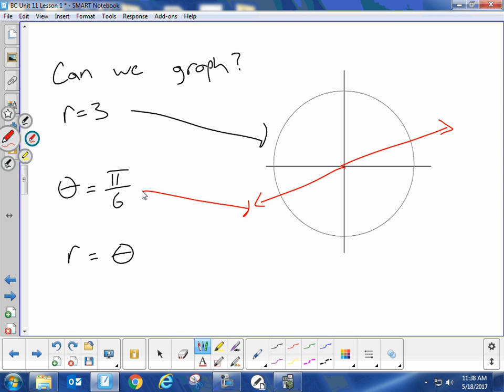Okay, we think about r and theta being the same, like y equals x. So 0 for theta means r is 0. Good. As I increase my angle, my r increases. Graph r equals theta after you thought about that and see what the graph looks like. Make sure it's the same as what you thought.